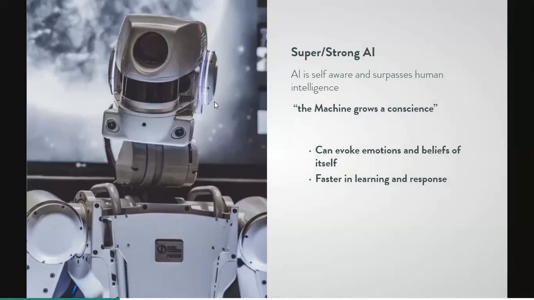So the third one is the super or the strong AI, another dystopian view of the world where we think that AI is now more self-aware and it surpasses human intelligence. It's where we say the machine has grown a conscience the same way as a human being. That means a machine is able to have emotions the same way as we have, right?